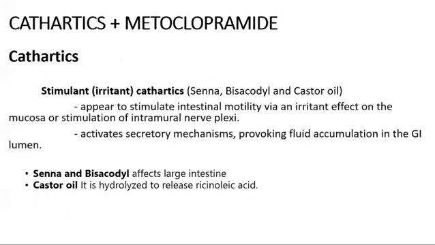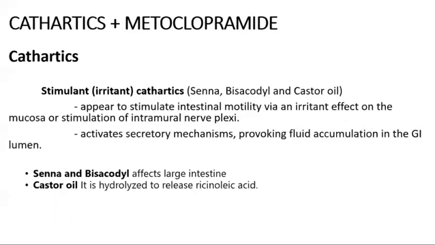Next example of drug interaction is cathartics and metoclopramide. There are two types of cathartics, one of which is stimulant or irritant cathartics. Ano ba yung ginagawa ng mga ganitong type ng cathartics? It technically stimulates intestinal motility by irritating the mucosa or stimulating the nerve plexi.